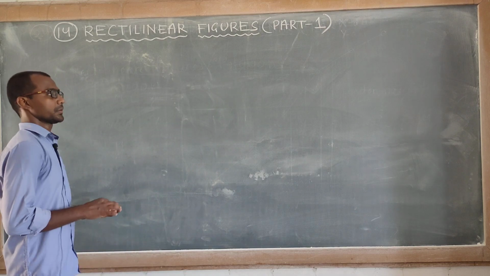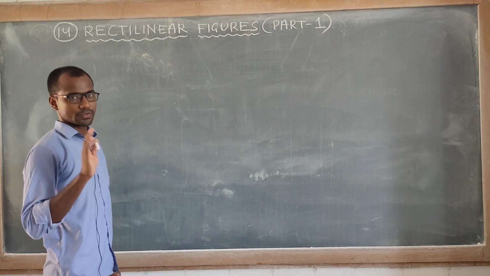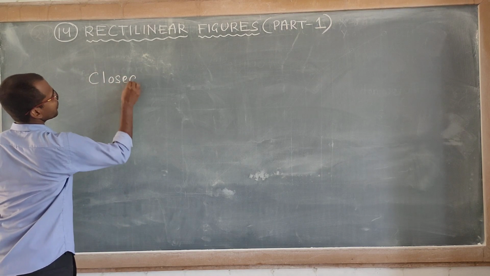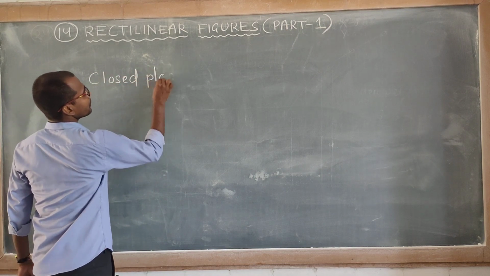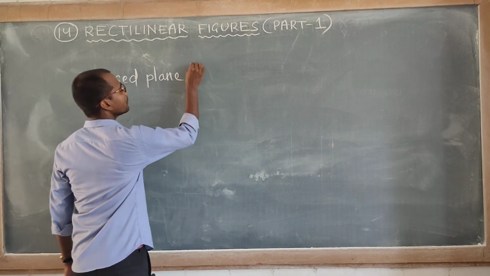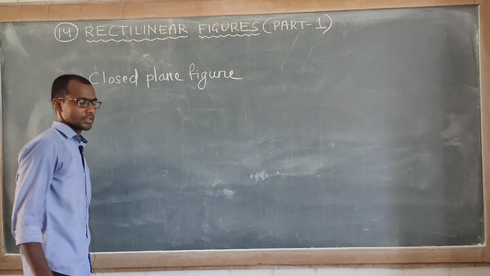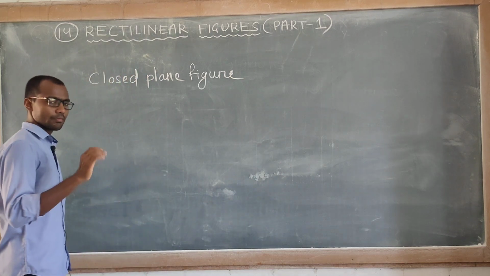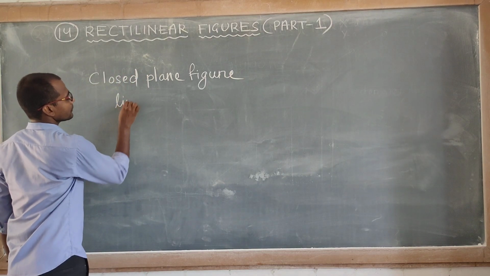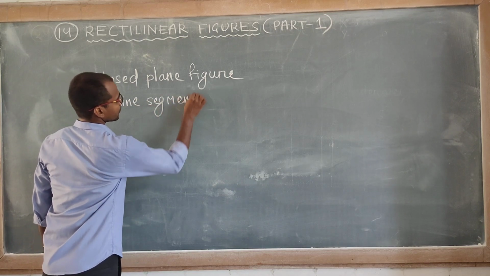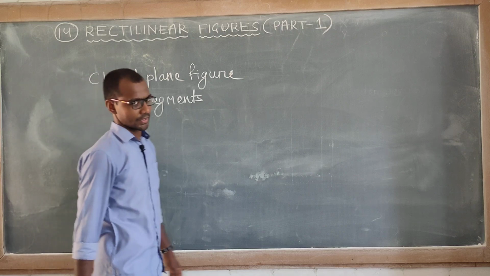So what is a polygon? It is a closed plane figure bounded by line segments.